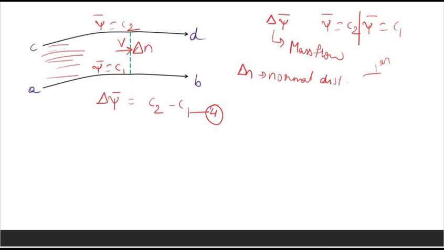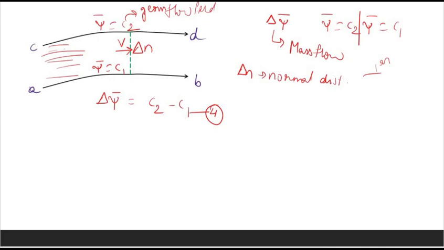Now, when we choose this streamline to be defined, which one would be C1 and which one would be C2, the value of this C1 usually depends on the geometry of the flow field. These values depend on the geometry of the flow field. Kindly keep this in mind.